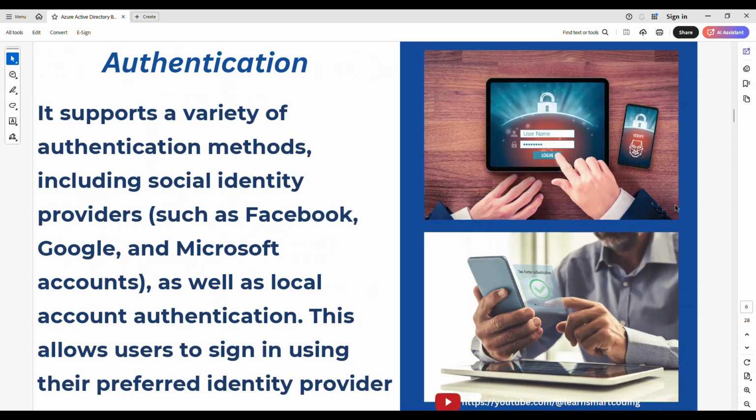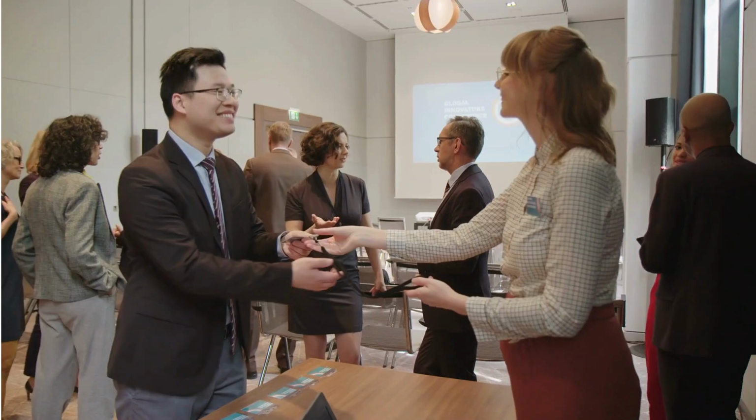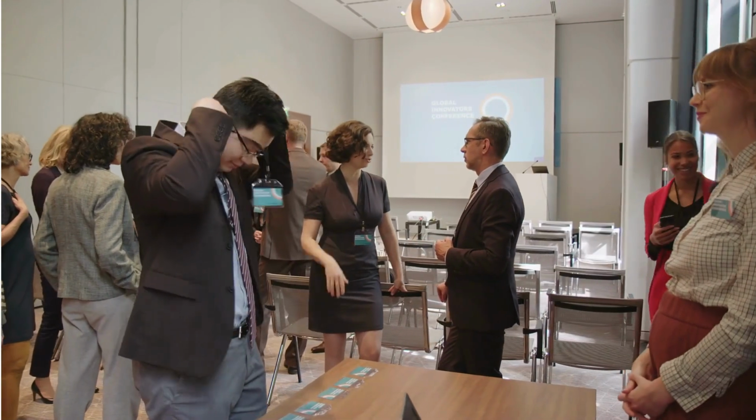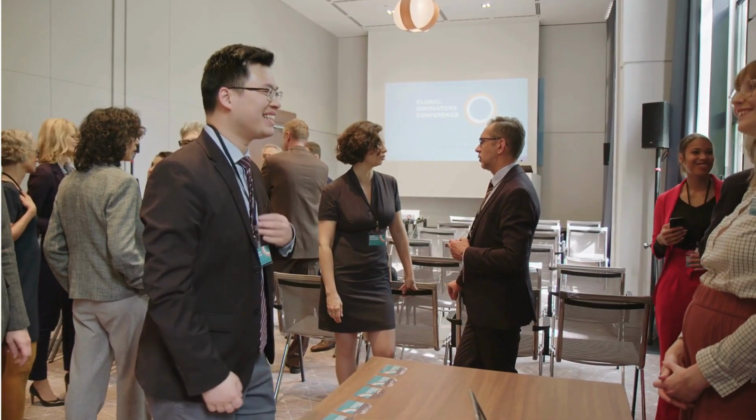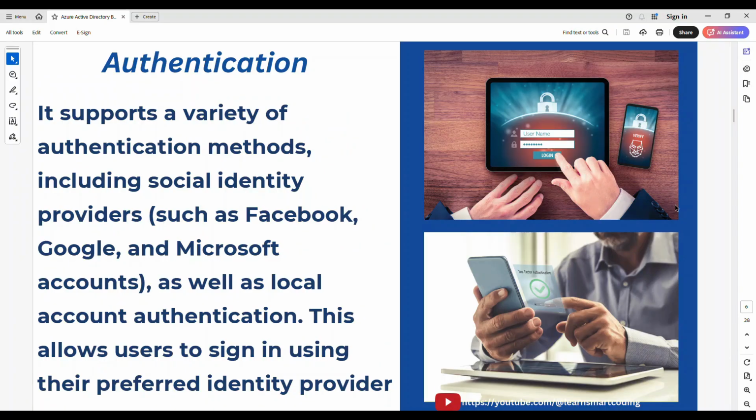First of all, we will talk about authentication and authorization. Before we dive into what Azure AD B2C is doing, what is authentication in simple terms? Authentication is nothing but validating who you are. For example, you are an employee in a company, so when you enter the company premises, you have an ID card, right? Security might check your ID card, which shows the company name, your employee ID, and so on.